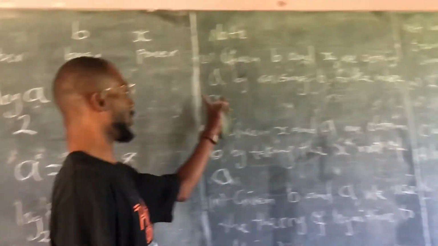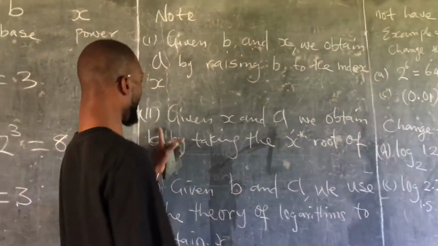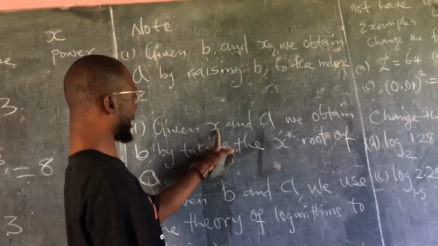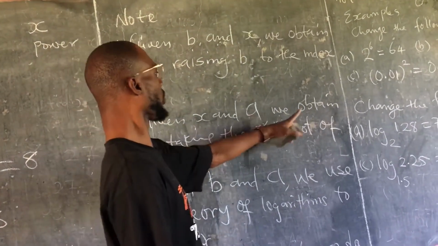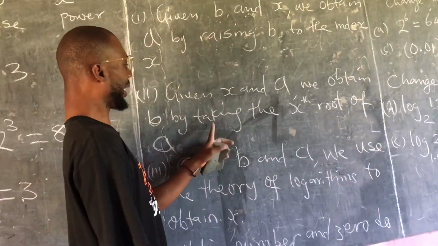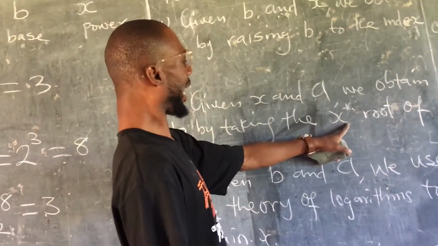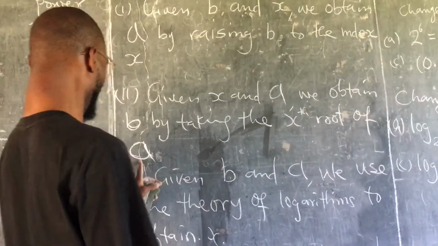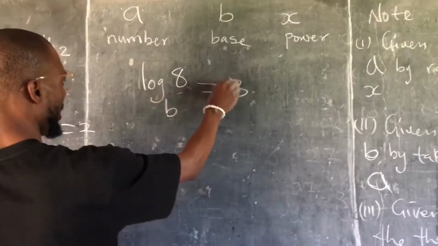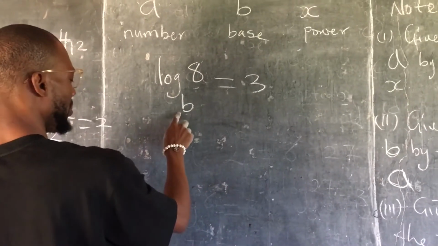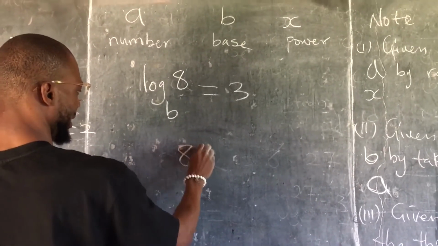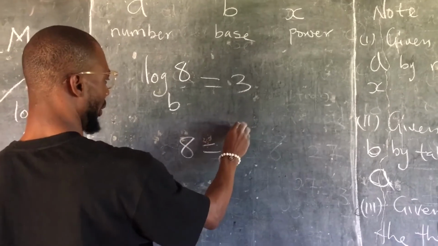So our log reading will be: the log of 8 to base 2 is equal to 3. Now what did they tell us here? Given x and a, we obtain b by taking the x root of a. So from here we find b: 8 is equal to b raised to the power 3.